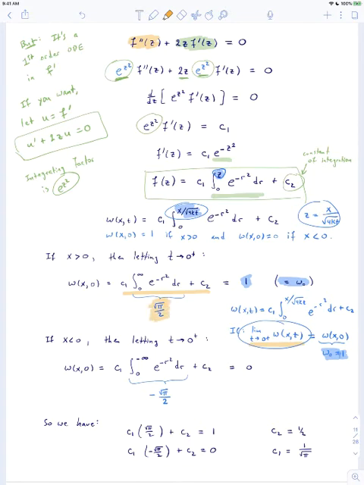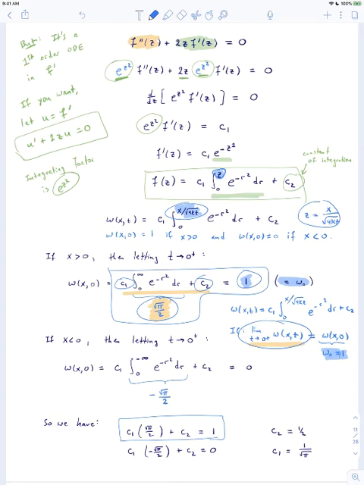So that tells us that c1 times the square root of pi over 2 plus c2 is equal to 1. So that's the equation we've just established: c1 times the square root of pi divided by 2 plus c2 is equal to 1.